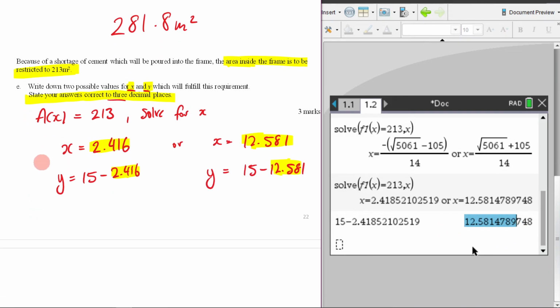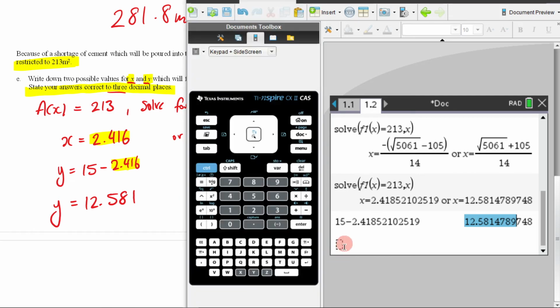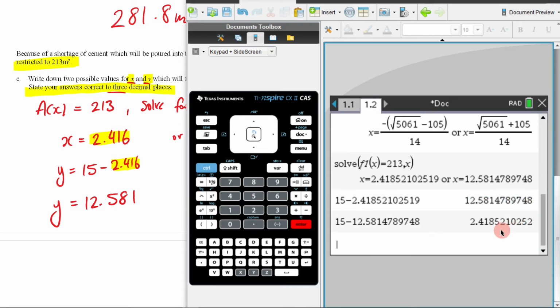So now I come here and I'm going to get, I can't write in the highlighter. That's very silly of me. I'm going to go y is 12.581. And then I'll do the same thing over here. 15 minus that right there, hit enter, there we go. It's going to be 2.481.